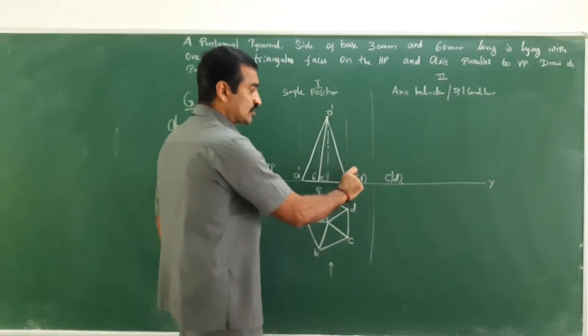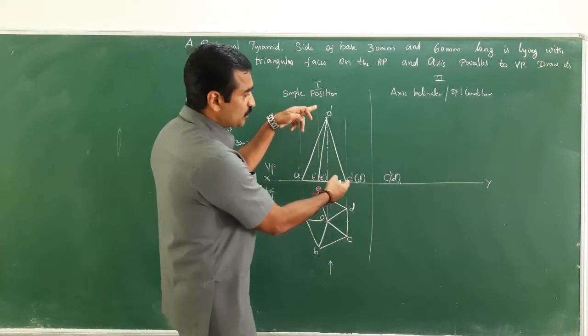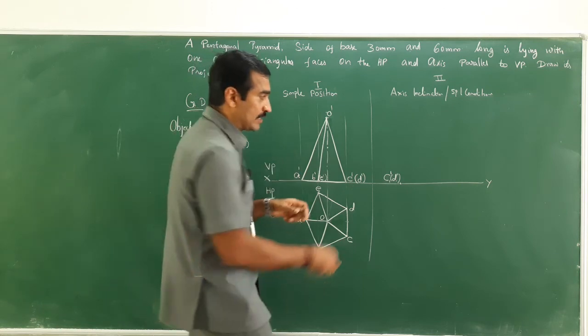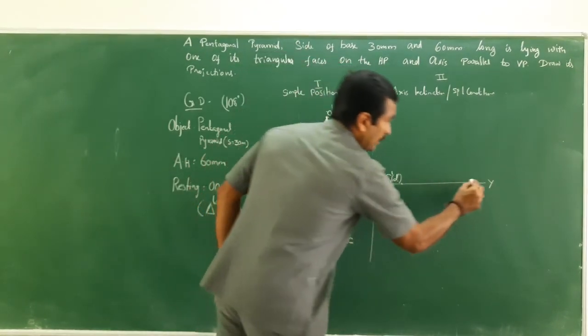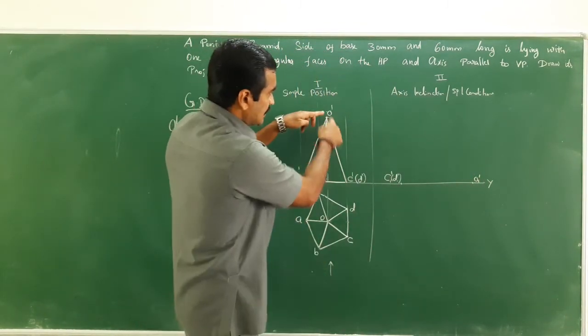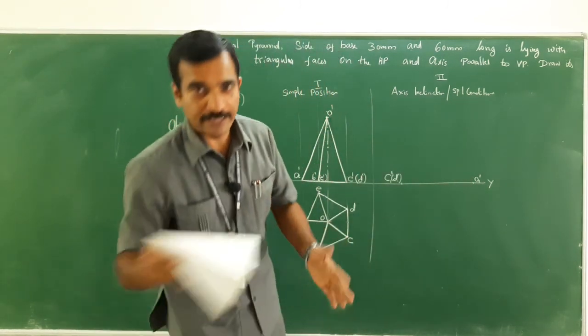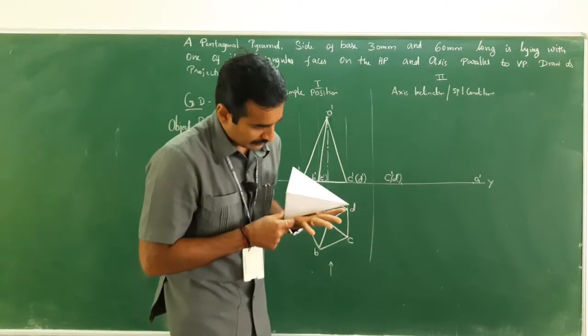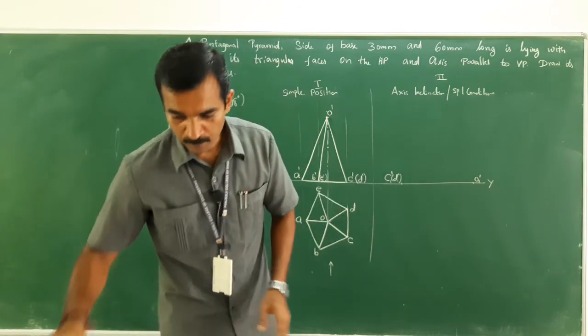Now measure the distance of C dash to O dash in your compass, and keeping at C, cut an arc. This could be O1 dash. This slant edge, that is CO, has been kept on the XY line. This is how. Right. This CO is on the XY line now.